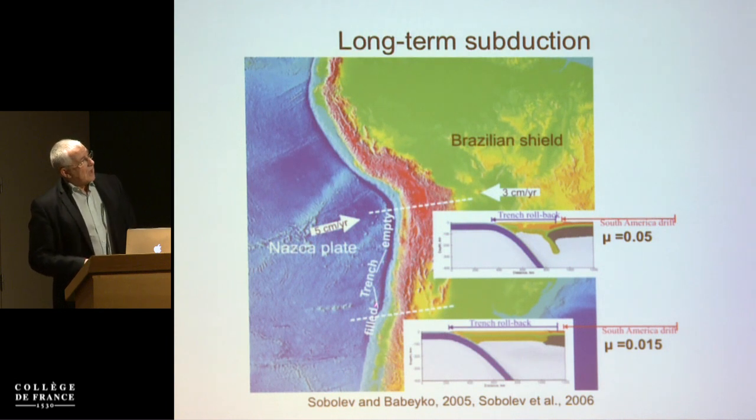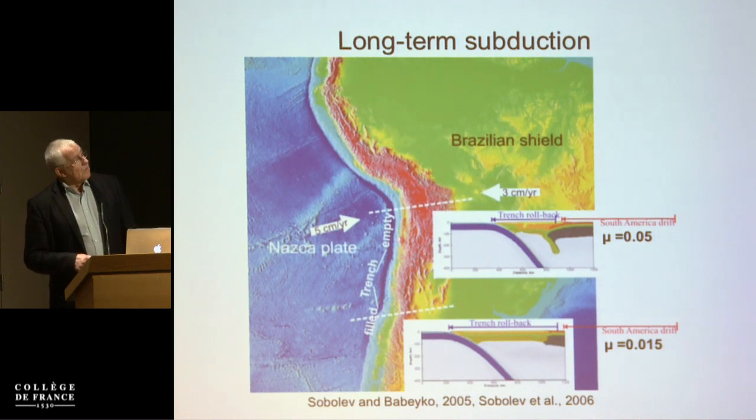In the Southern Andes, we think that this very low coefficient is because of a lot of wet and soft sediments in the trench here. And this coefficient is probably one of the highest for subduction zones in the Central Andes, because there are no sediments in this trench.